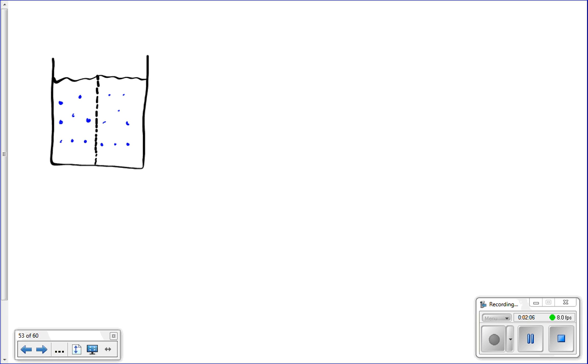When you have equal concentrations of salt and water on either side of a semi-permeable membrane, we say that it is at equilibrium.